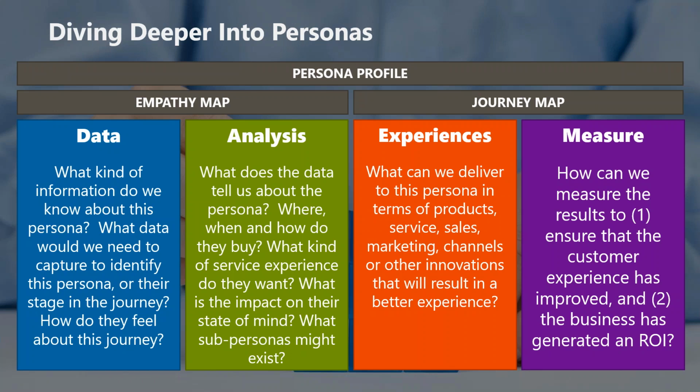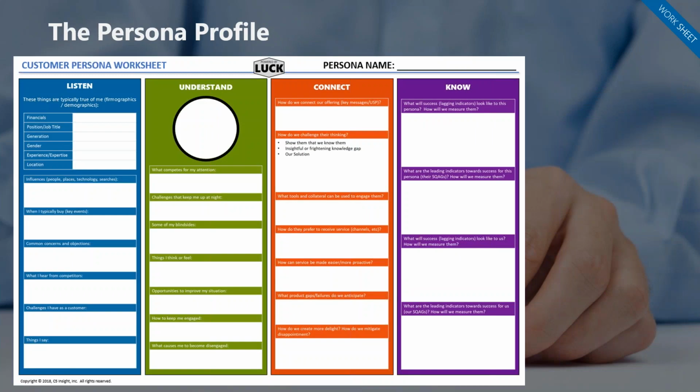Everything we do is about this; it's the foundation of all human relationships. If we're about better customer and employee engagement, how do we apply this model to everything we do? Now, at the top of that is the persona profile. A persona profile starts to take that empathy map and helps you imagine what the journey map might look like. You can see this is a form we've come up with.